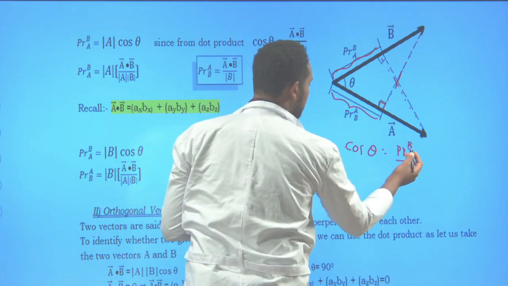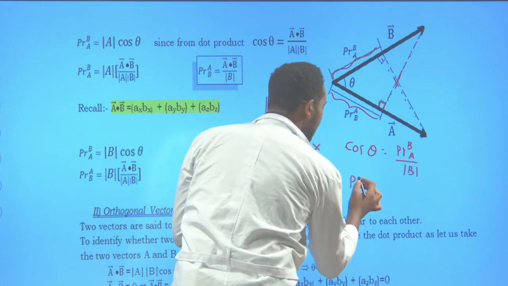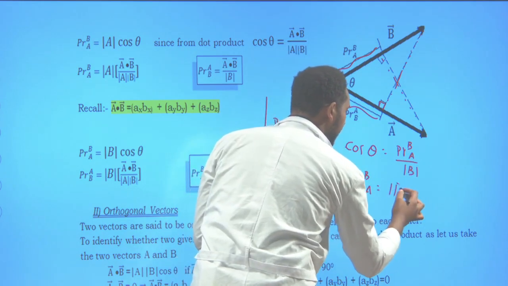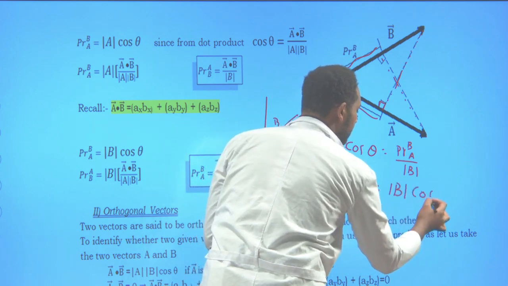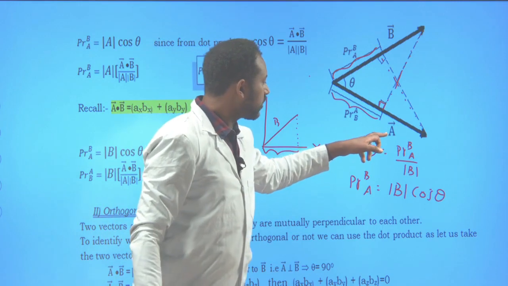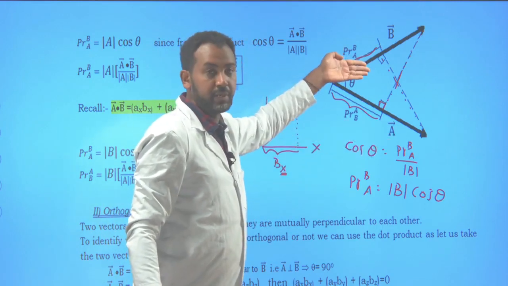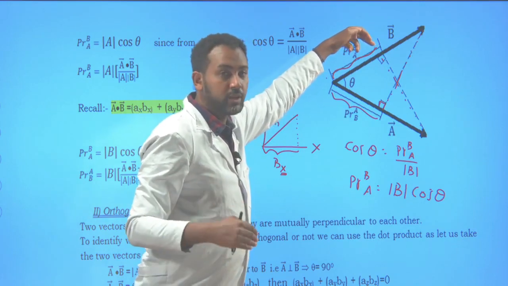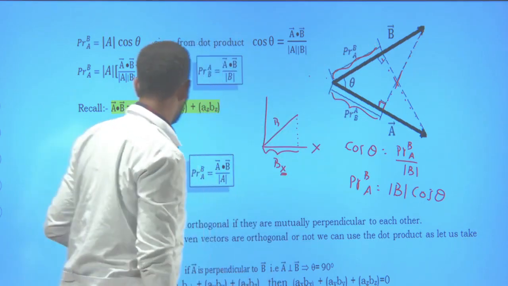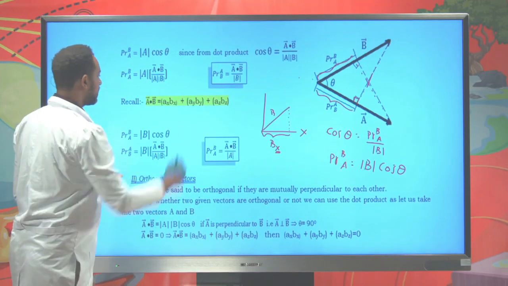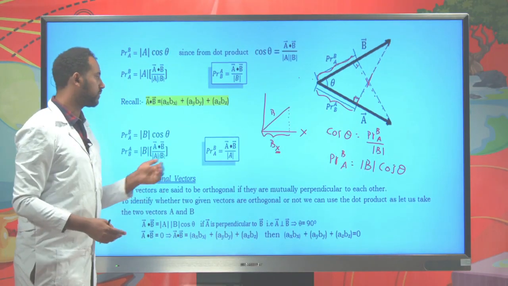When you cross-multiply, it's possible to find the projection of vector b onto a as the magnitude of vector b cosine of theta. The same is true, it's possible to find the projection of vector a onto b. That means the distance from this to this is known to be the projection of vector a onto b. This is one good application of vectors. It's possible to find the scalar projection of two vectors.